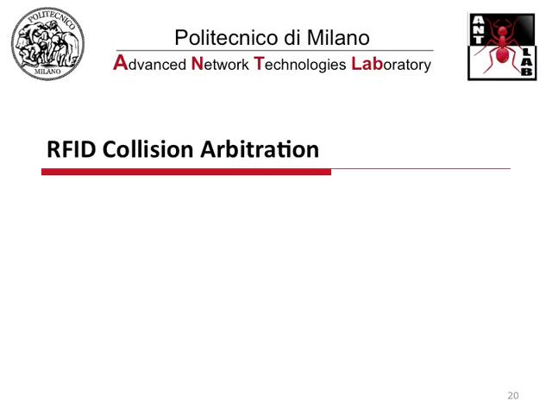So the last topic which we have to cover today is the one you see in the slide, which is RFID collision arbitration. So the usual wrap up of what we have seen so far in the field of RFIDs.